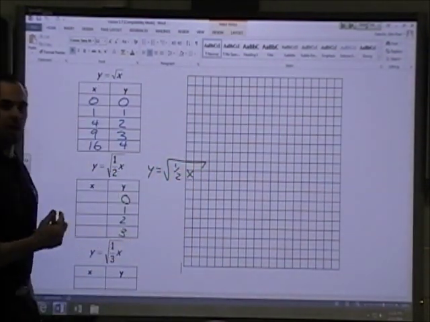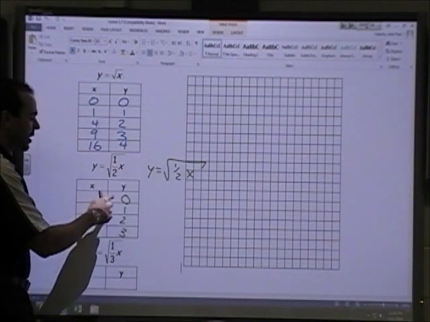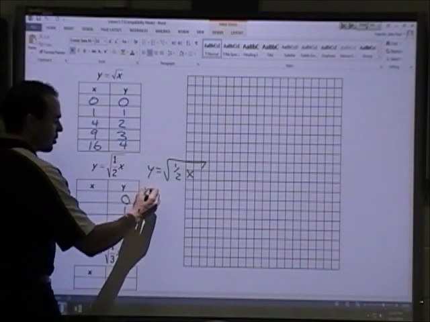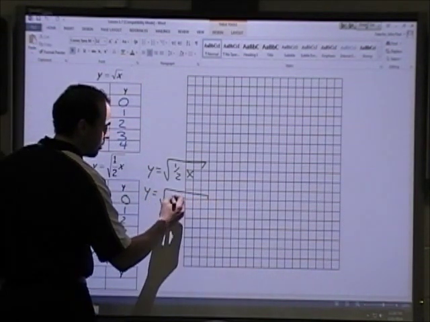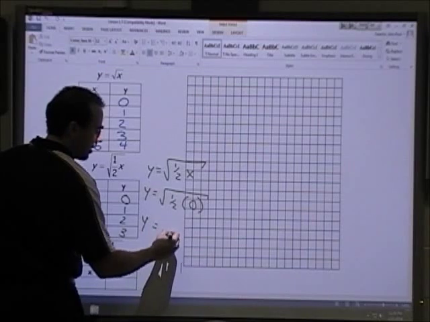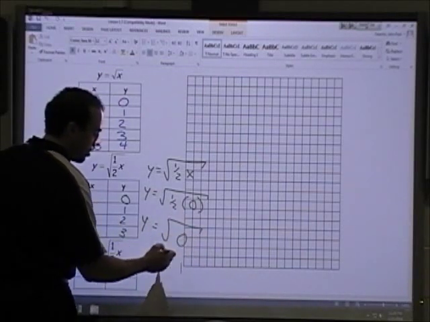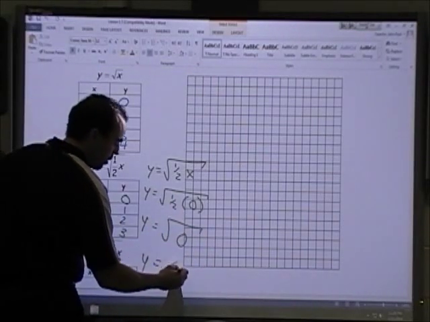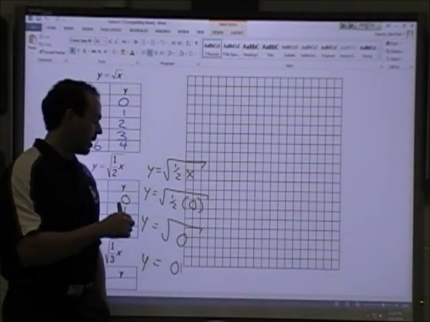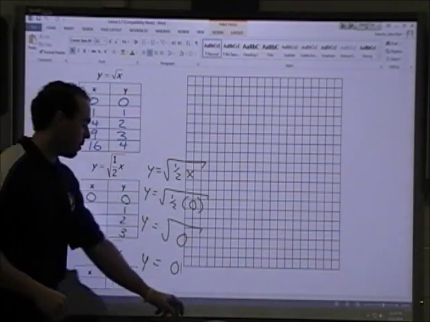What should I plug in for x in order to get the output y equals 0? The correct answer would be x equals 0. A half times 0 is 0, and the square root of 0 is 0. So I'd have to plug in x equals 0 in order to get the output of 0.